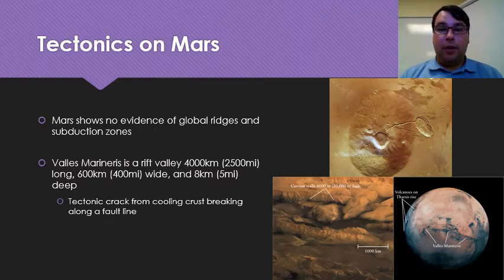So it is a very large crack, which means Mars was cooling and it did not cool evenly. So as it cooled, it cracked, but the other regions on Mars are very featureless in terms of any kind of tectonic activity that might have occurred.